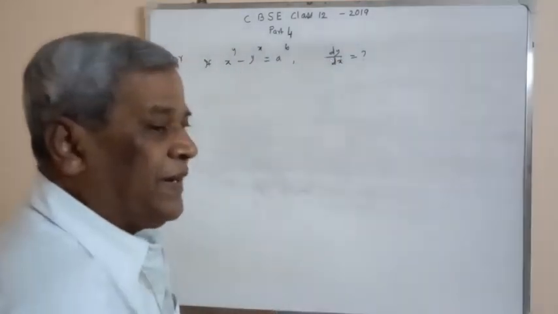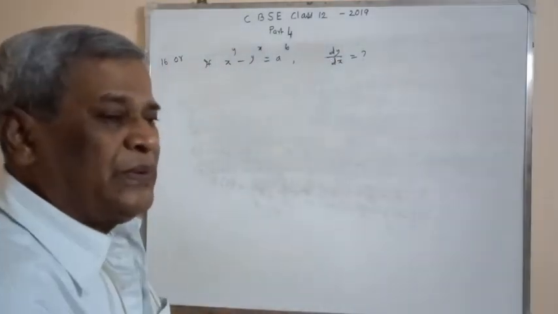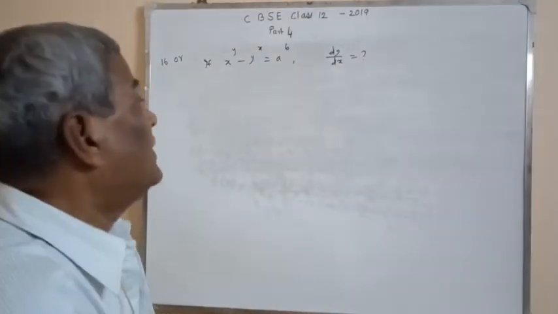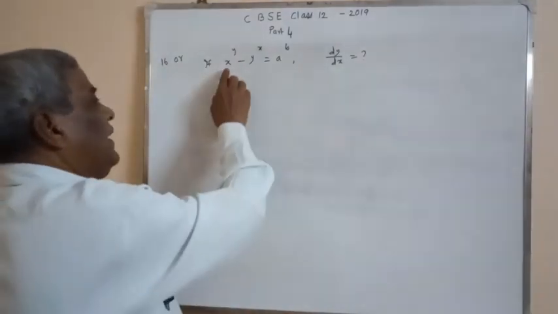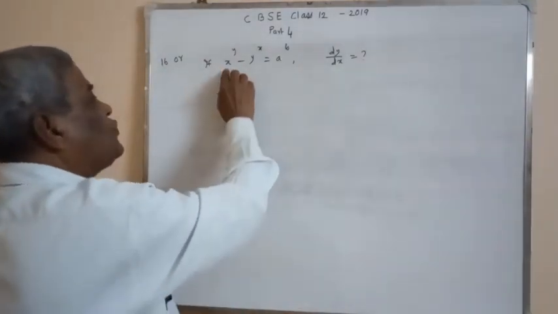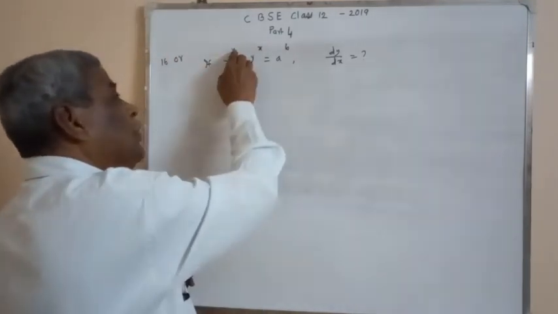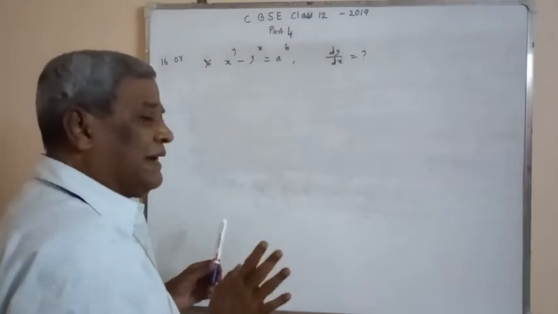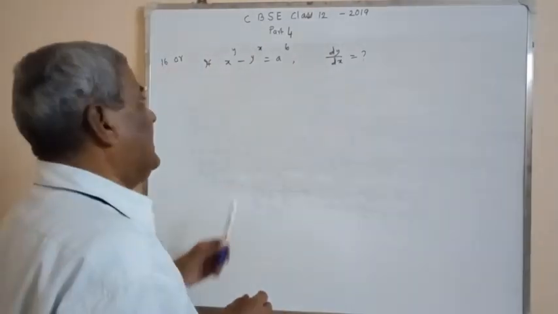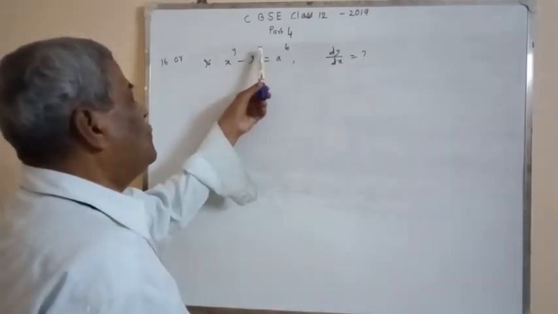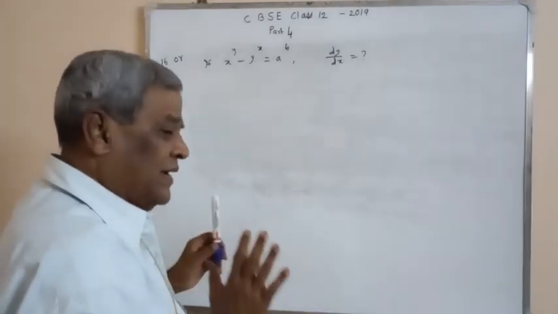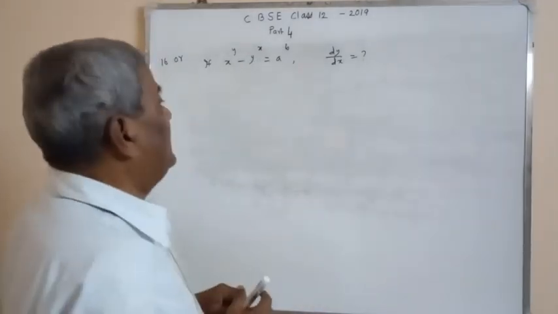So actually we have to differentiate both sides with respect to x. But on the left side, x to the power y is present, a power function where y is a function of x, so directly it cannot be differentiated. Similarly, for this one also, directly it is not possible to differentiate.